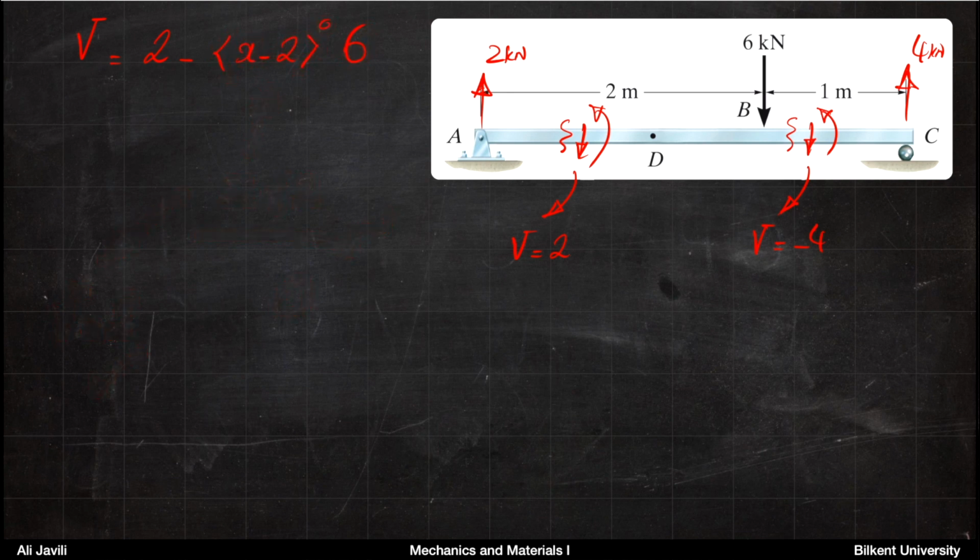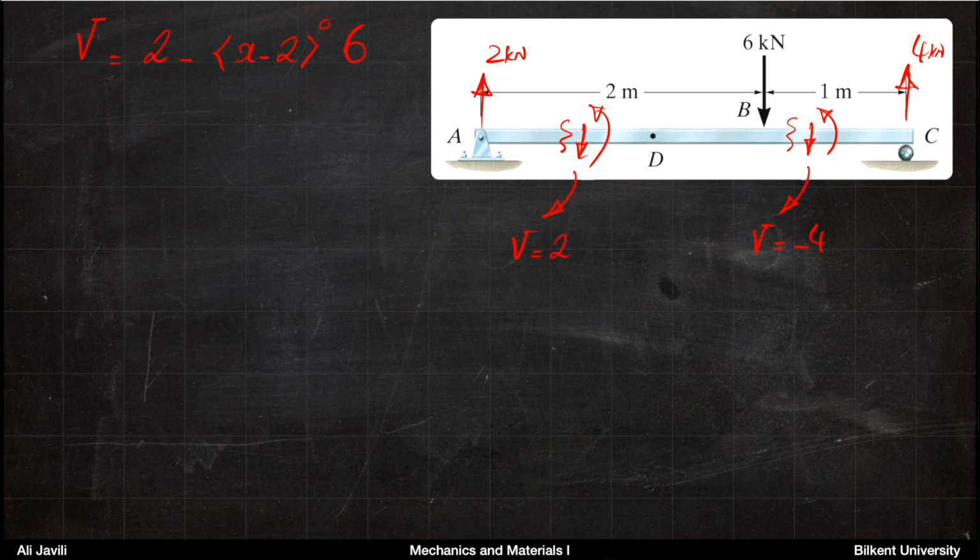And if x is greater than or equal to 2, then the expression here would be ⟨x − 2⟩ to the power 0, which gives you 1.